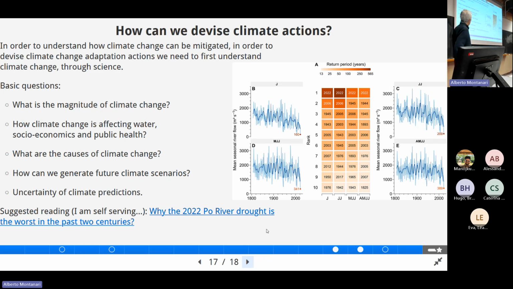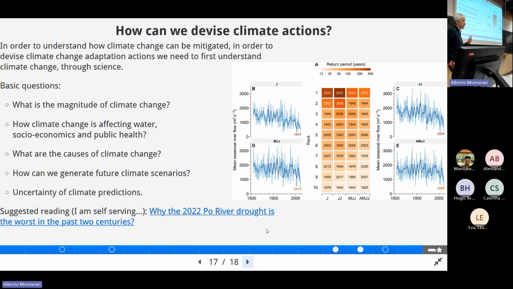How can we generate future climate scenarios? How can we predict the future climate? This is a big question. And the scientific literature is moving forward quickly in this direction. But still, there is uncertainty, and not quantifiable uncertainty. This is a big issue. As I said last week, uncertainty is not a problem once we know it.